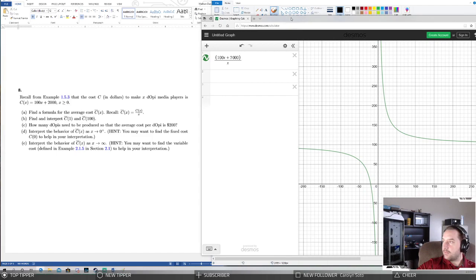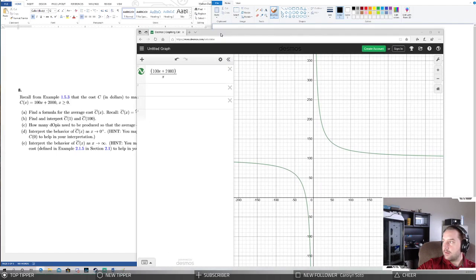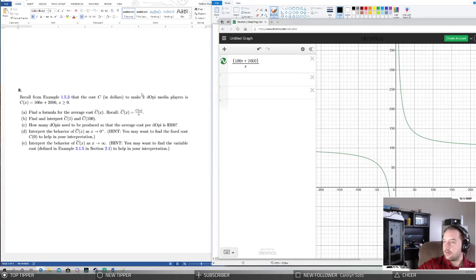So basically, it's kind of like a weird conundrum, because using this hint, C of 0 is your startup costs. If I plugged in 0 here, I haven't produced any of these devices yet, and it's going to cost me $2,000 to do that.